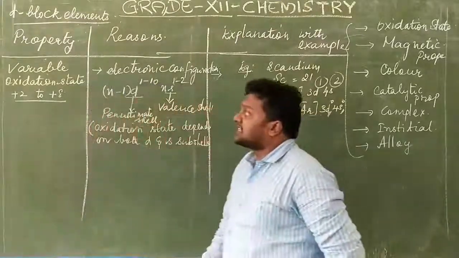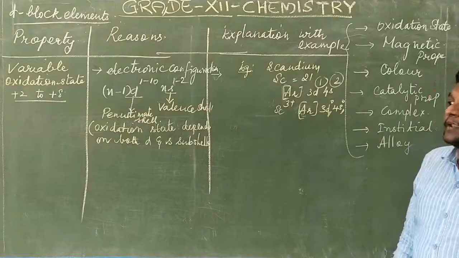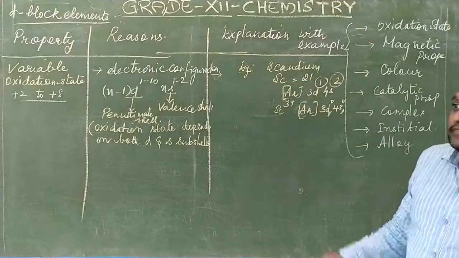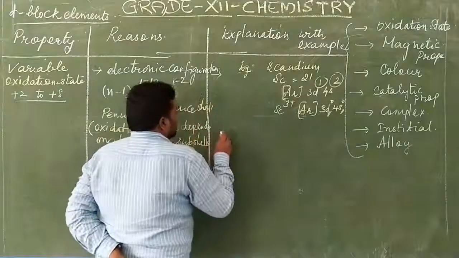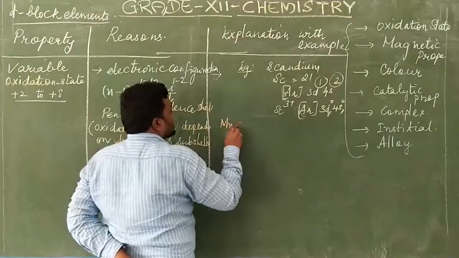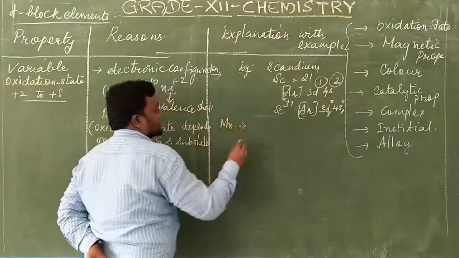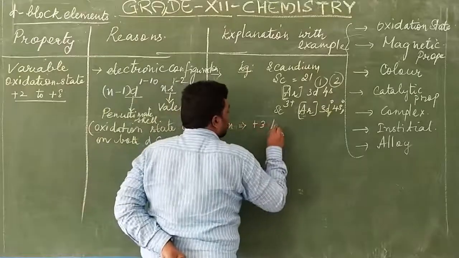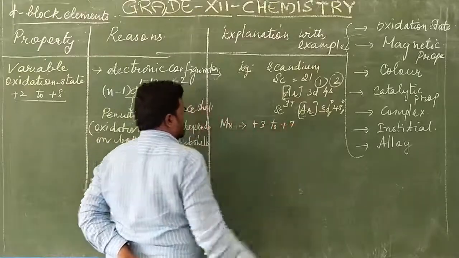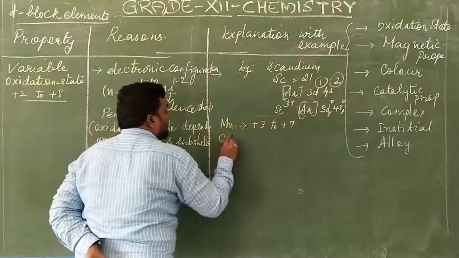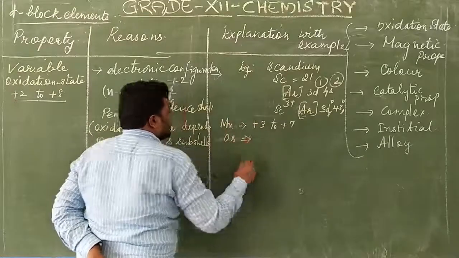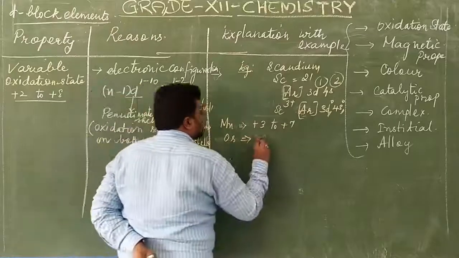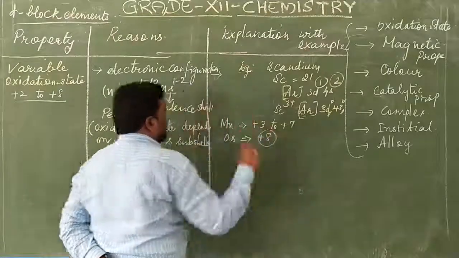This is the main reason why d block elements exhibit variable oxidation state. Similarly, manganese has oxidation states from +3 to +7, and the maximum oxidation state is shown by osmium, a d block element, that is +8.